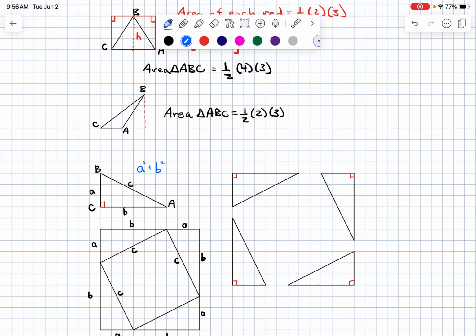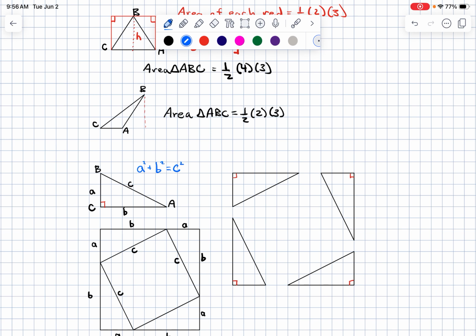What the Pythagorean theorem tells us is that if we take the two sides that are not the hypotenuse and square them, take the sum of the squares, so a squared plus b squared, that equals the hypotenuse squared. So the sum of the squares of the sides that are not the hypotenuse equals the square of the hypotenuse.